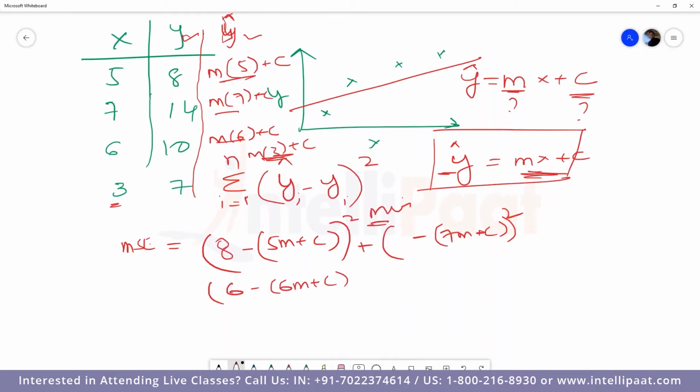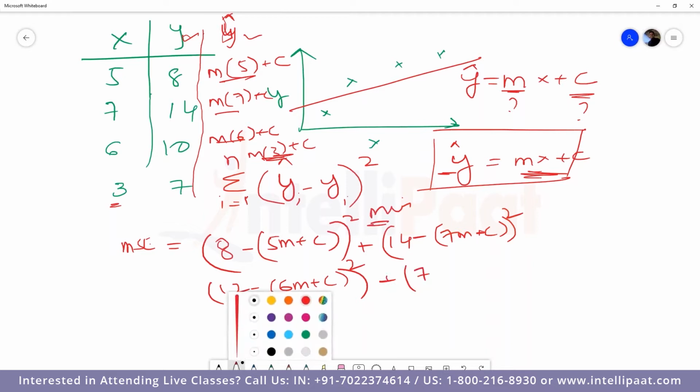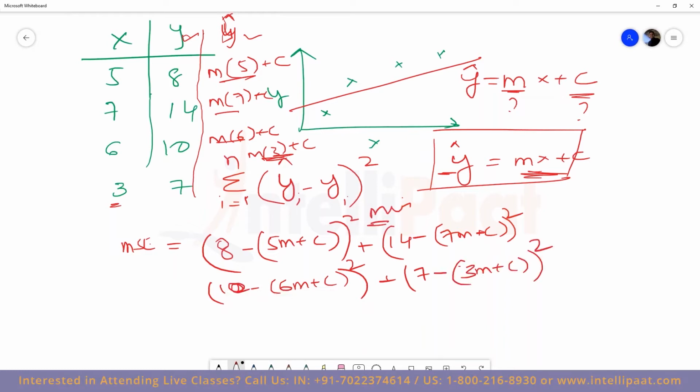This is going to be 14 and this is going to be 12, the whole square. And last but not the least, for my fourth data point, it is going to be 10, right? It's 10, minus 3m plus c, the whole square. Yes, I've corrected it already. All of us okay with this?